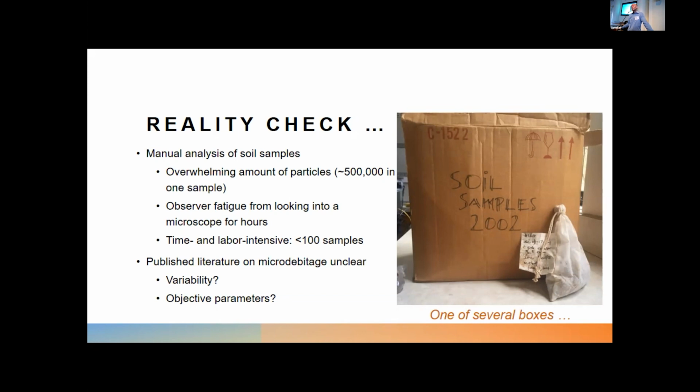I would agree, at least for what I'm doing. I'm always trying to look back. I don't want to see AI as this black box where I just feed in massive data, and then at the end I'm the consumer who just gets a printout and says, oh, this is what I can publish. For example, when I talk about the microdebitage characteristics, I ran the multivariate statistics to be also able to interpret the results that I get from the machine learning algorithms.